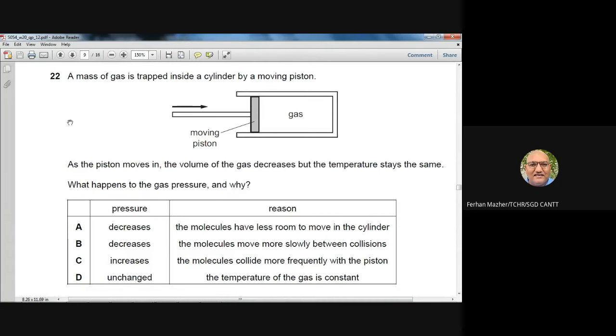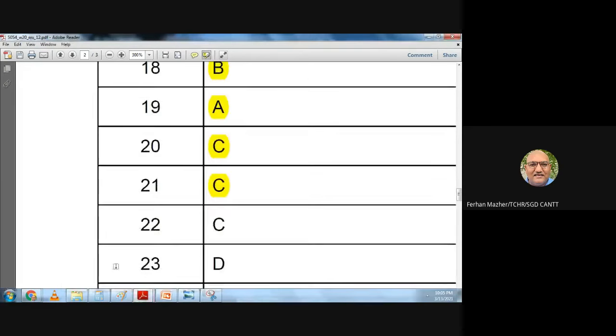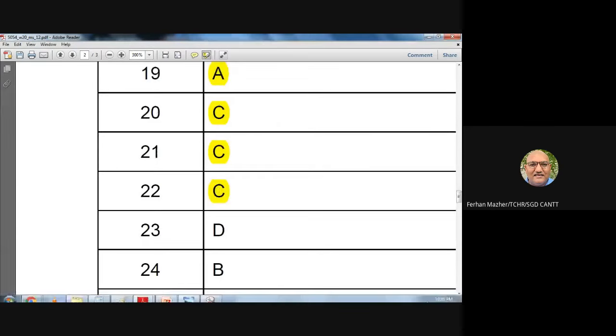So the molecules collide more frequently with the piston. Decrease is not possible. Increase, unchanged is also not possible. Increase, the molecules collide more frequently with the piston. So C looks the right option, sir. Question number 22, C is the right option.